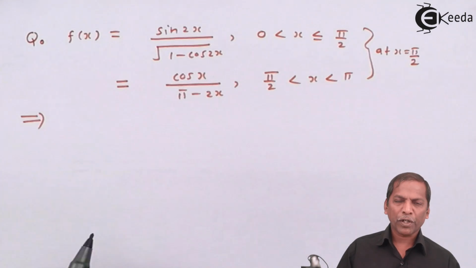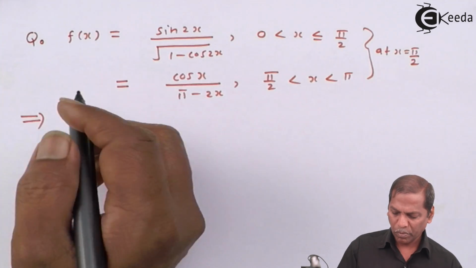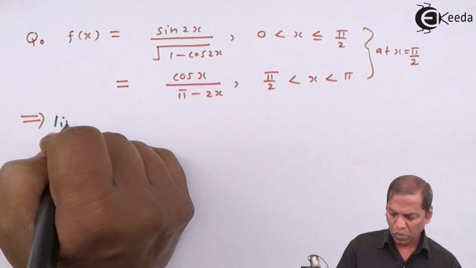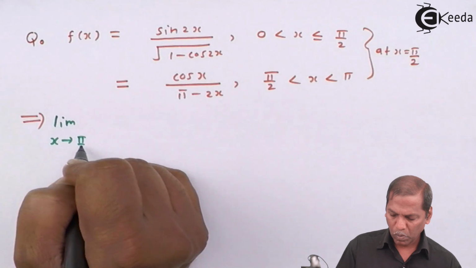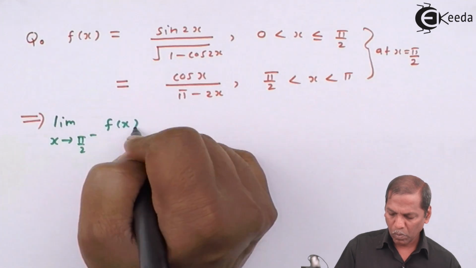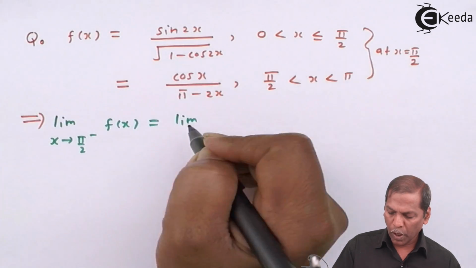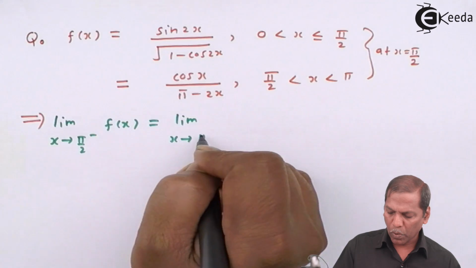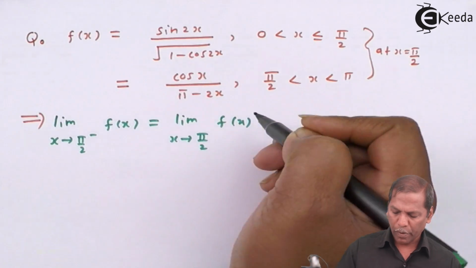First of all, we start with the left hand limit, that is limit x tends to pi by 2 minus f of x, which is equal to limit x tends to pi by 2 f of x.